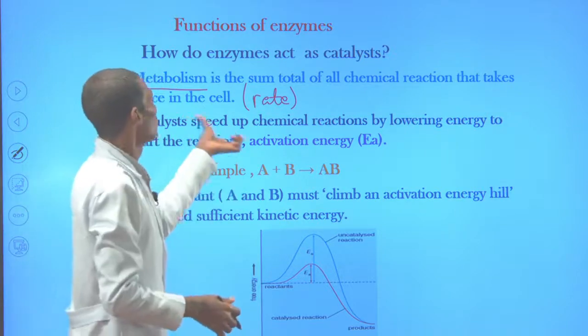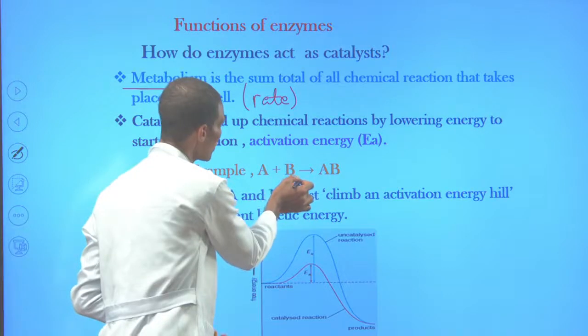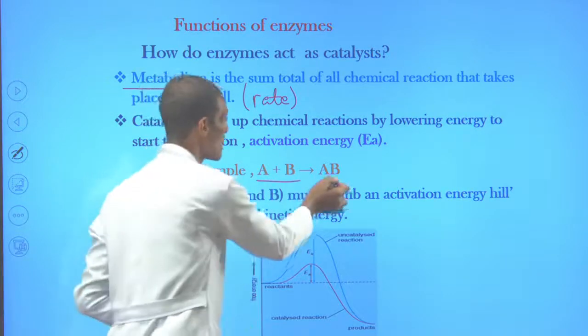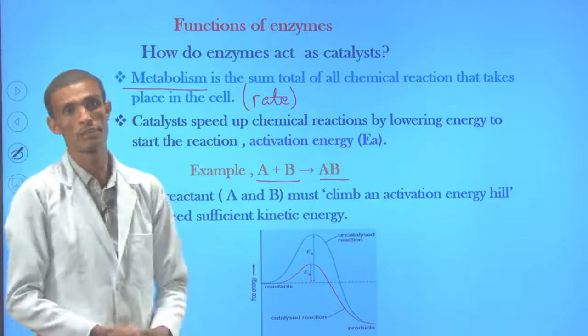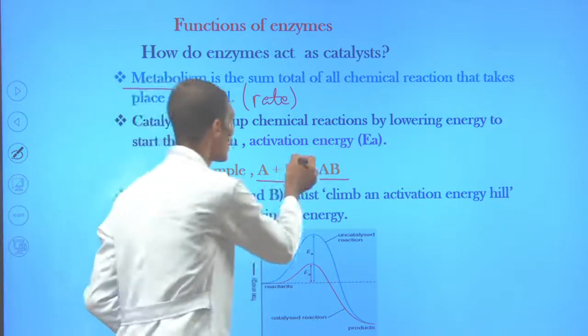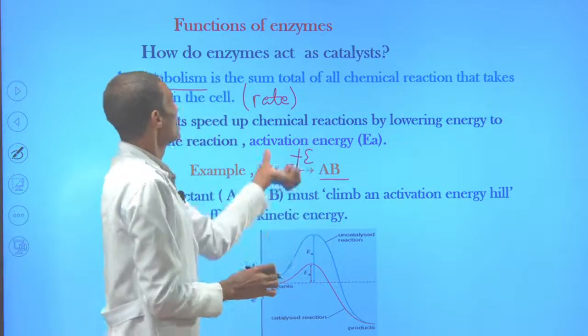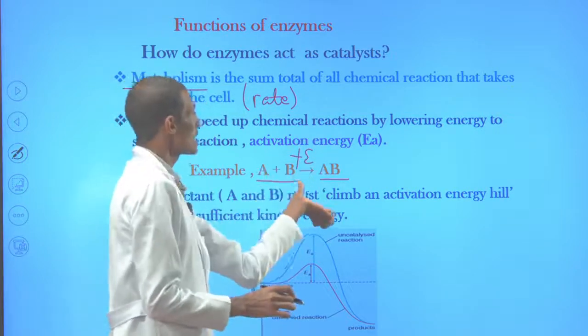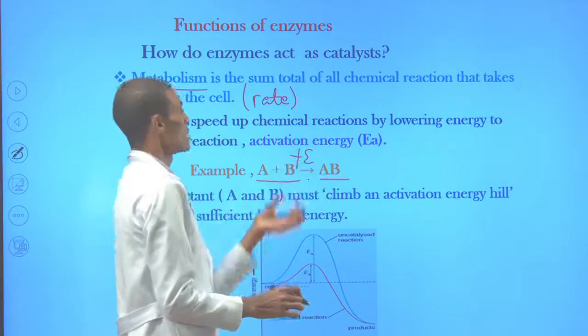So here, they can speed up the reaction. For example, the reaction between substrate A and B to form the product AB can take place alone in the absence of an enzyme. But if an enzyme is added, the rate may be faster than in the absence of the enzyme.